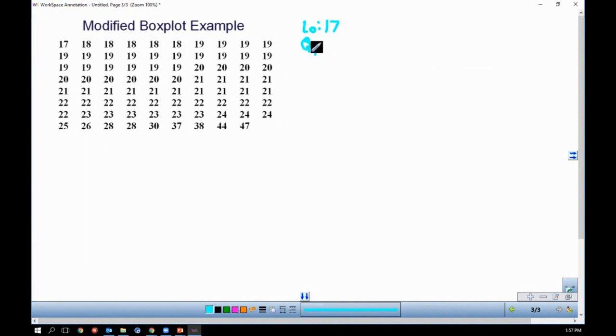Gotcha. Q1, Q2, which is our median, Q3, and then our high. What's our high value? 47.